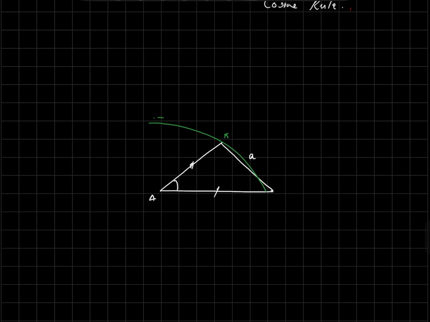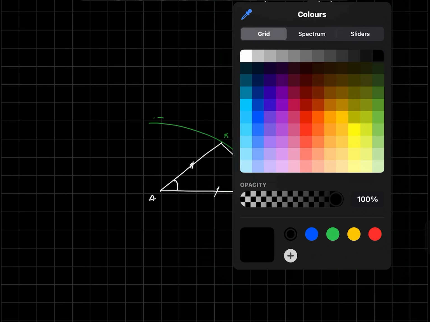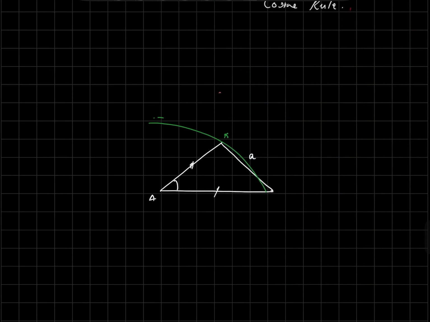I repeat, what I'm going to try and do is move this length AX along that curve, along that radius, in order to see what happens to the length A. If I take the point X out to this point, then you will notice that this length A has reduced.